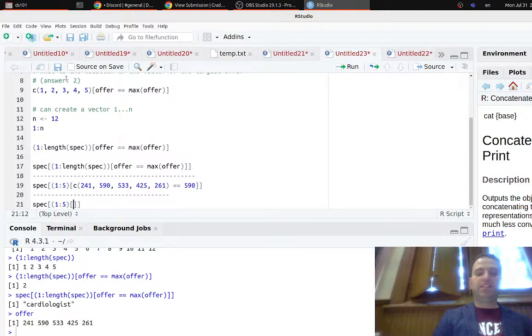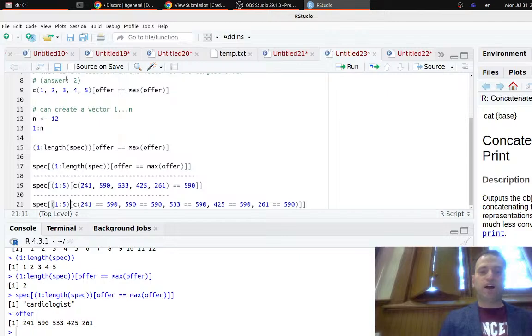So the step I'm missing is, now it's a vector where I'm saying 241 is equal to 590, and 590 is equal to 590, and 533 is equal to 590, and 425 is equal to 590, and 261 is equal to 590. And then here, this is 1 to 5, so this I also get to compute now. So this is just C 1, 2, 3, 4, 5.